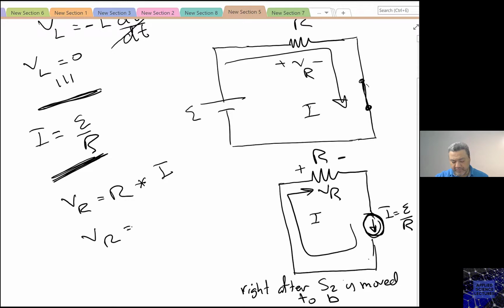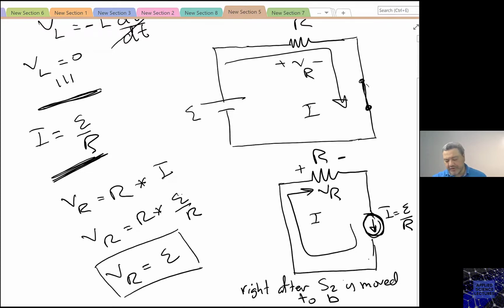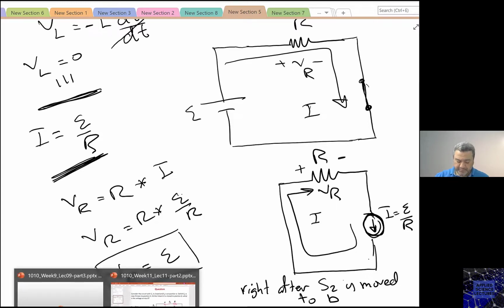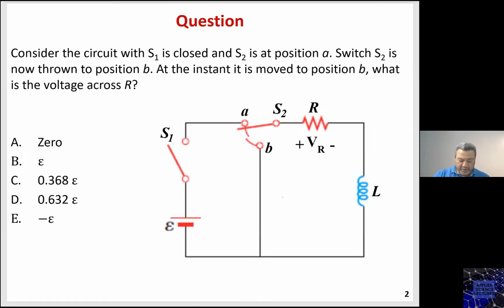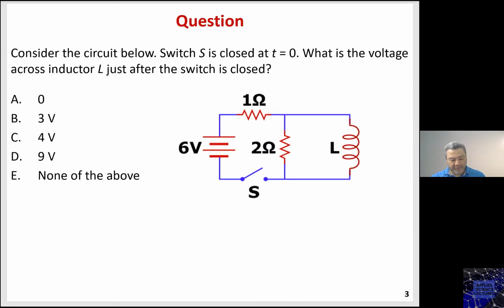However, the current is epsilon over R, which means that the voltage is going to be epsilon. So this is the voltage across the resistor right after the switch was moved to B. So the answer is B.